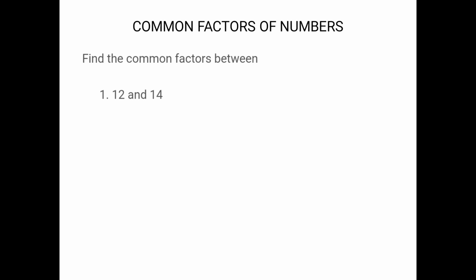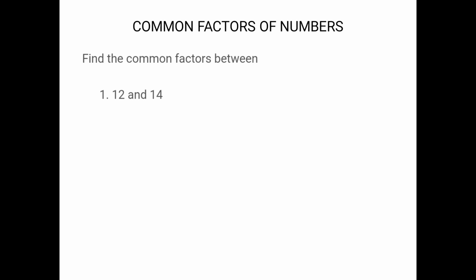And so the next thing we look at is common factors of numbers. We already know that factors are numbers that will divide a particular number. Like when we mention 12, factors of 12 are 1, 2, 3, 4, 6, and 12, right?